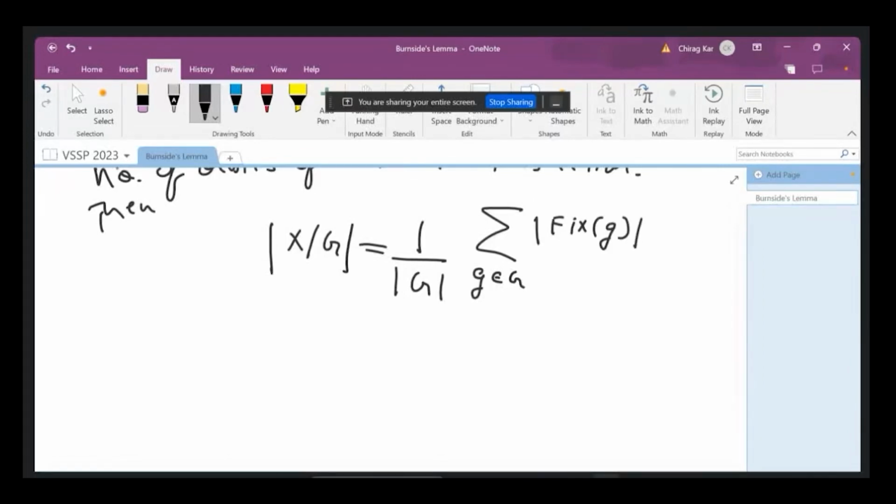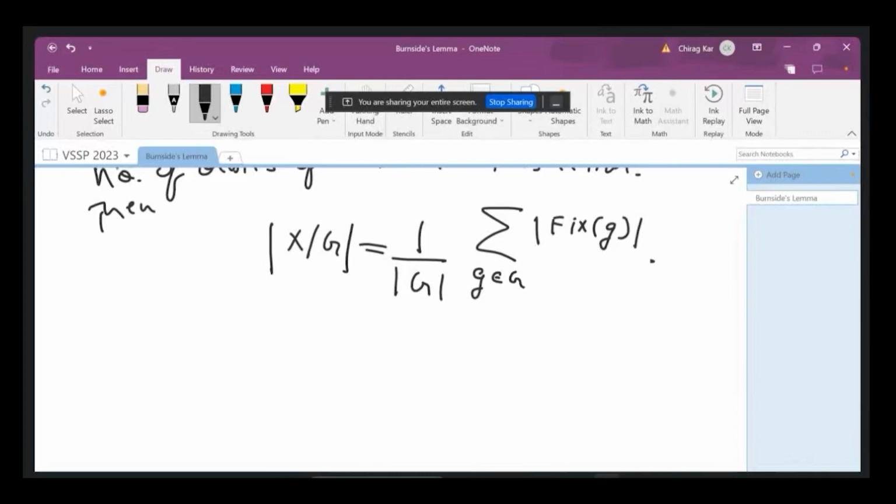That is the set of all points fixed by a particular element g. So we take the sum of all such cardinalities of fixed sets, and then we take the average of that. So the average number of fixed points is essentially what we call the number of orbits. That is what Burnside's lemma says.